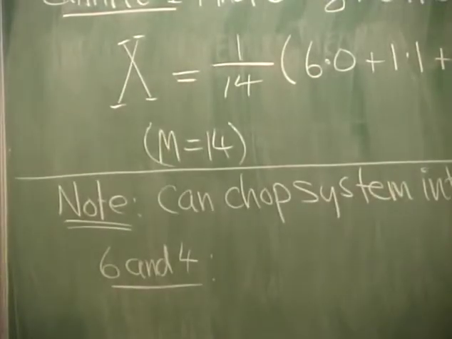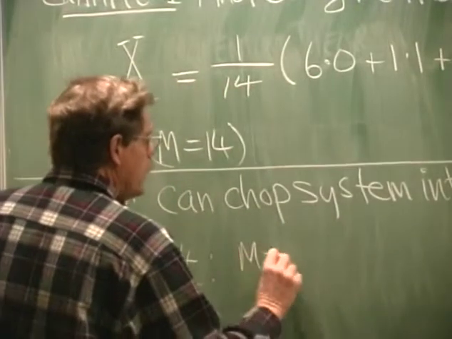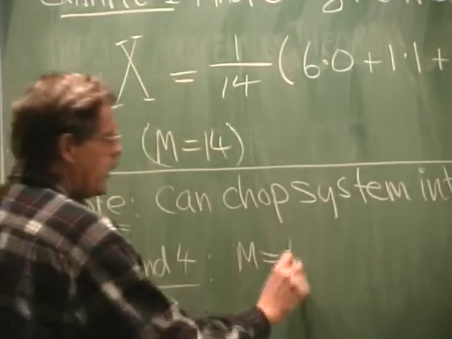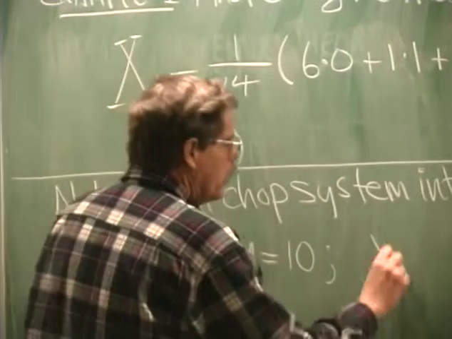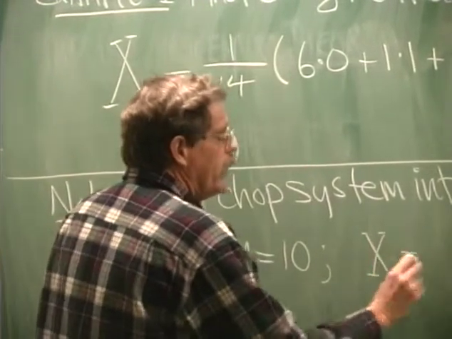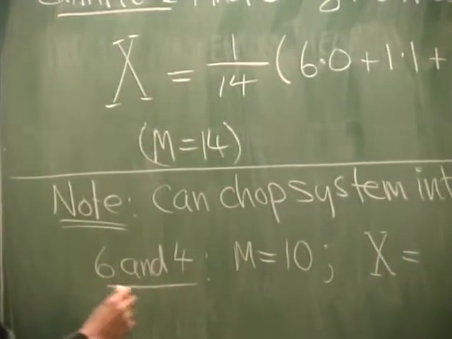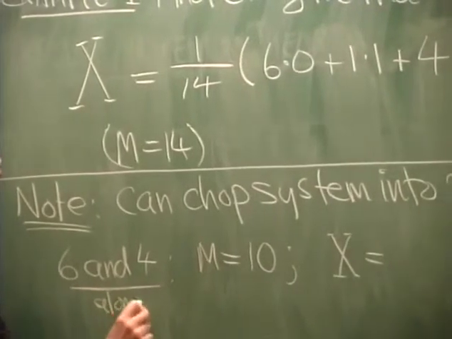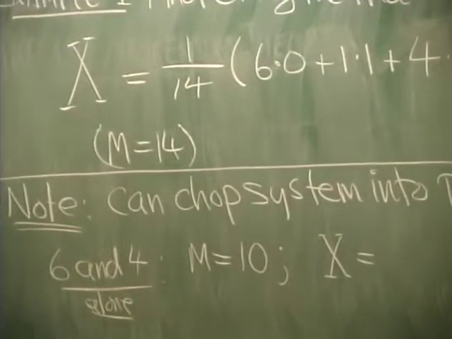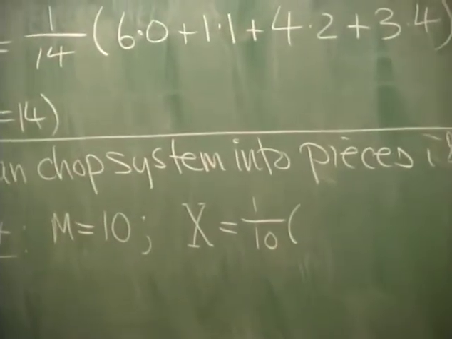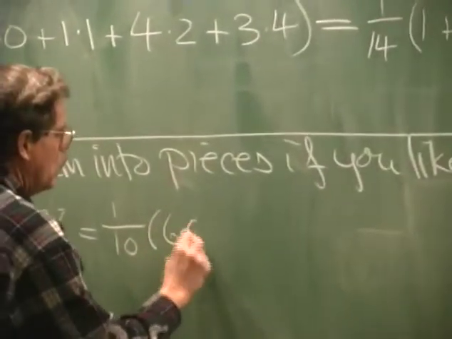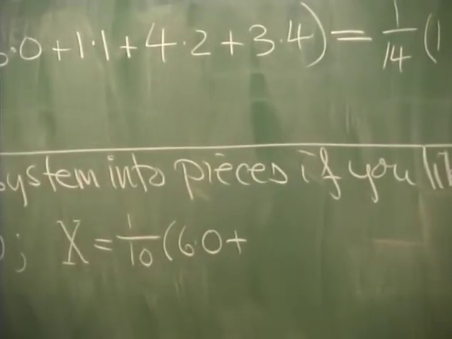But let's do the 6 and 4. First of all, the total mass is equal to 6 and 4 is 10, and the center of mass of just the 6 and the 4 alone would be 1 over 10 times the 6 is at 0, and the 4 is at 2.